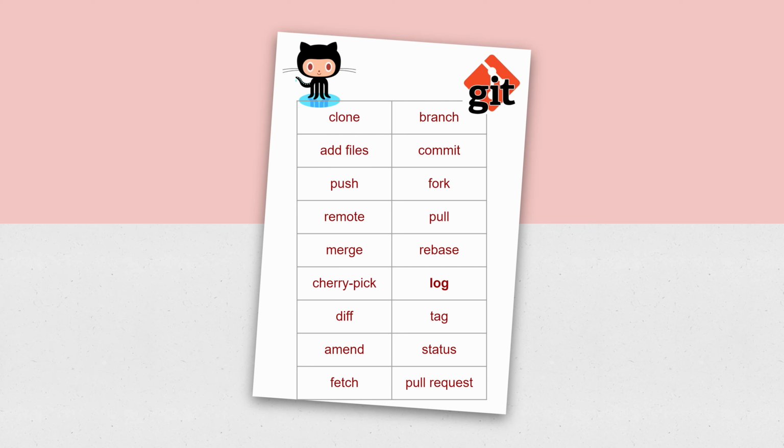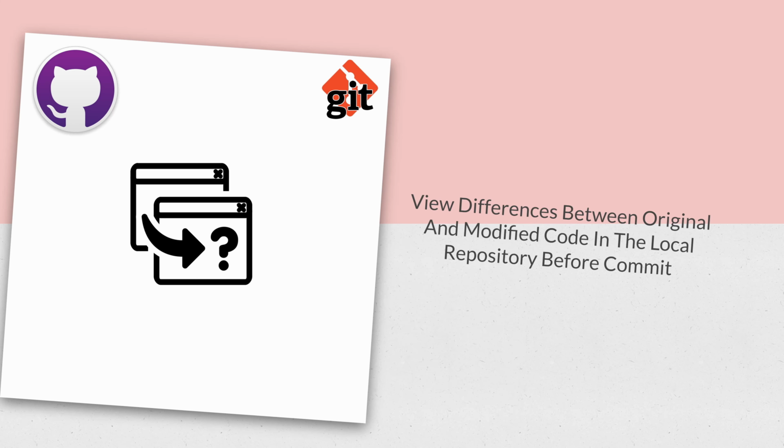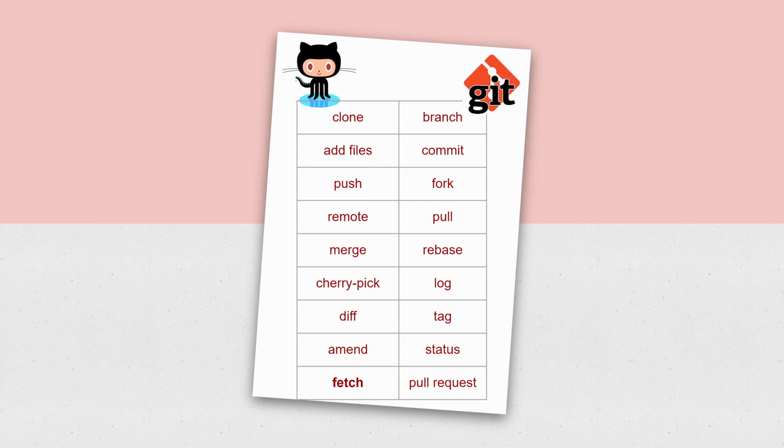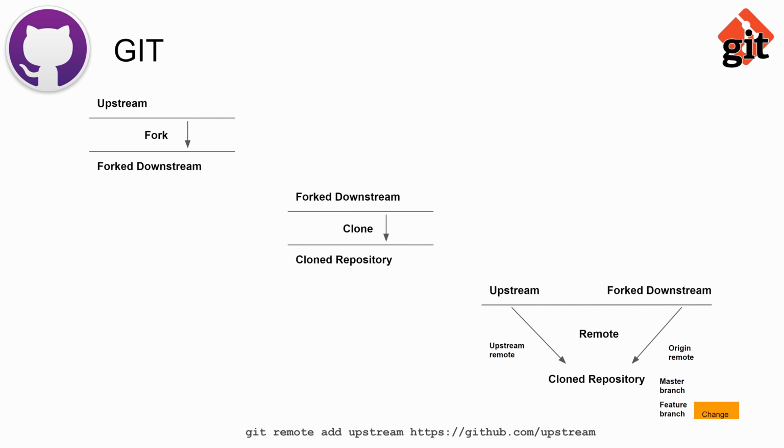And we looked at git log, and we also looked at git diff, and we also looked into the git tag, and we also did this fetch, and we went through this exercise of how to fork from one repository to the other repository. I want to mention at this point that I kept on keying in the user ID and password.